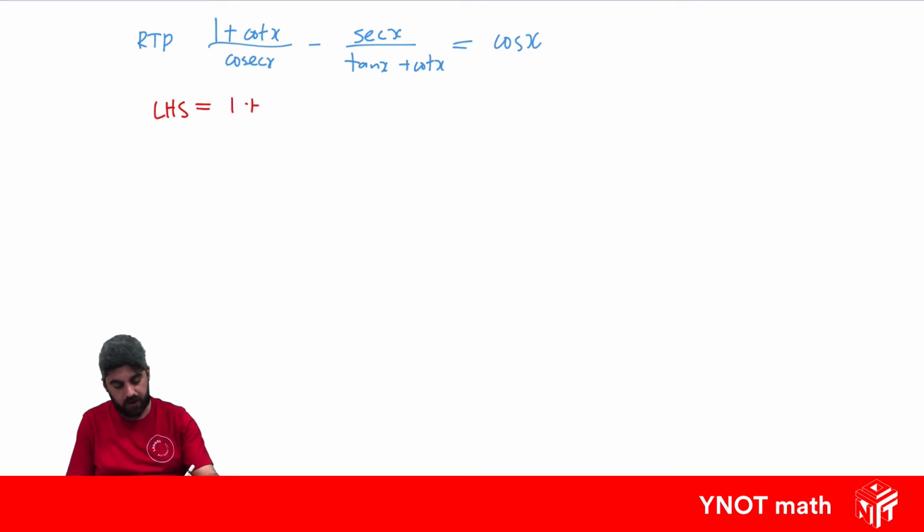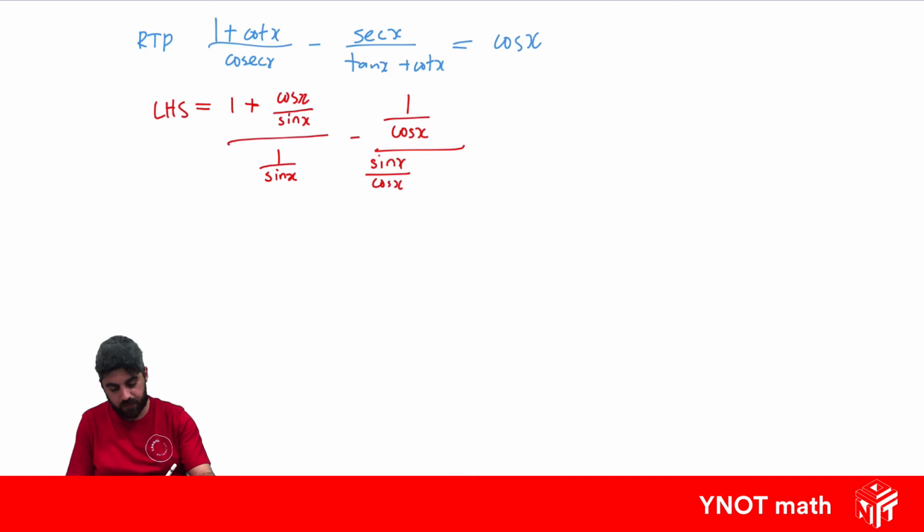So it's going to be 1 plus cot x, which we can write as cos x over sin x, all over cosec x, which we can write as 1 over sin x, minus sec x, which is just 1 over cos x, all over tan x, which is sin x over cos x, plus cot x, which is cos x over sin x.